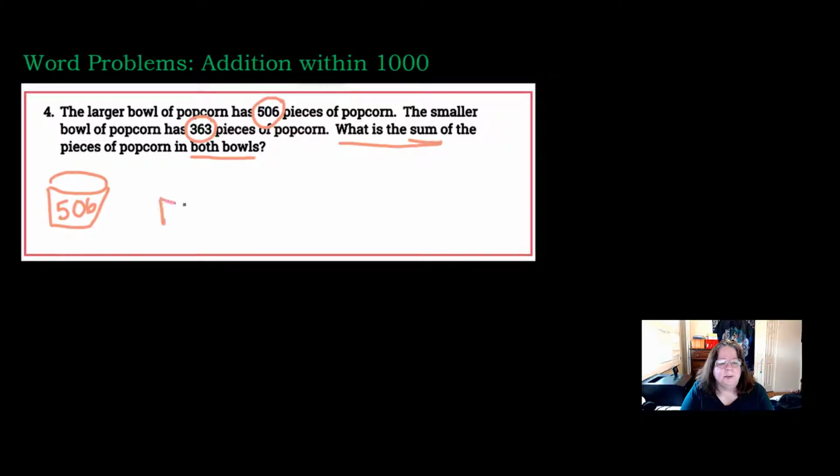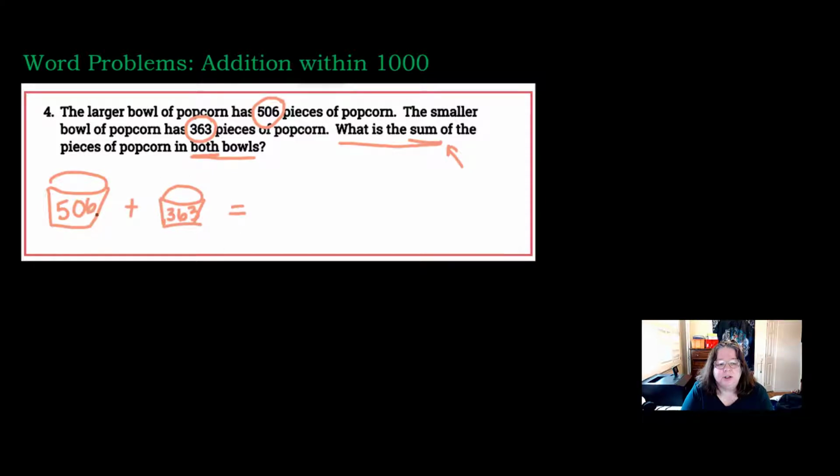Smaller bowl of popcorn, 363 pieces. What is the sum? Well, when we talk about sum, sum is when things are added together. So what they're asking is, what is the sum of these two numbers?